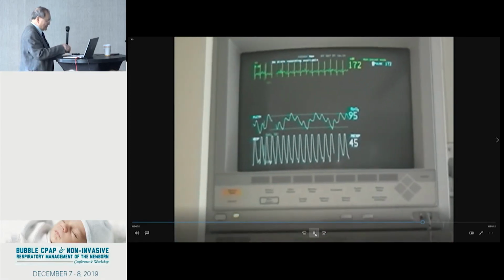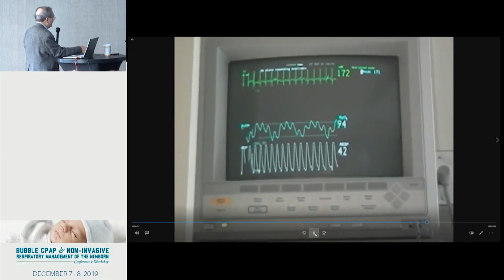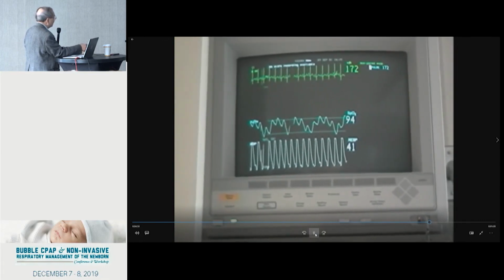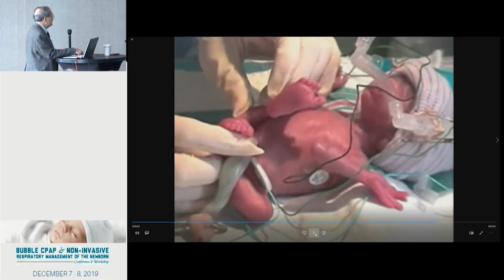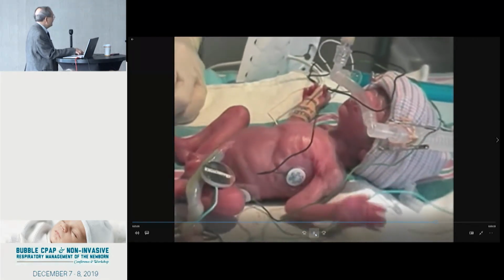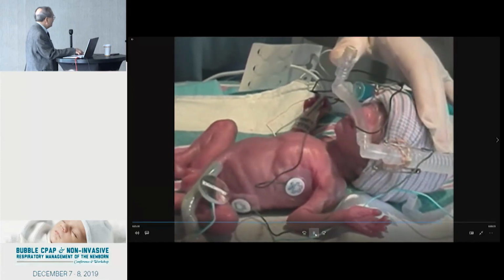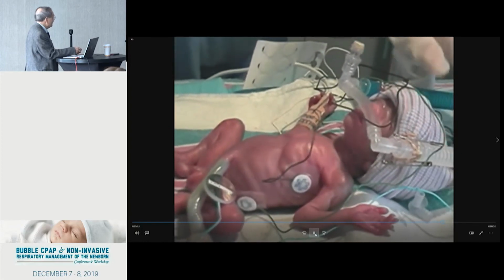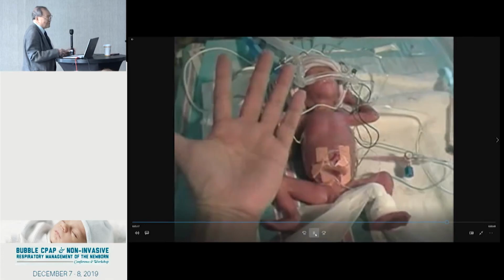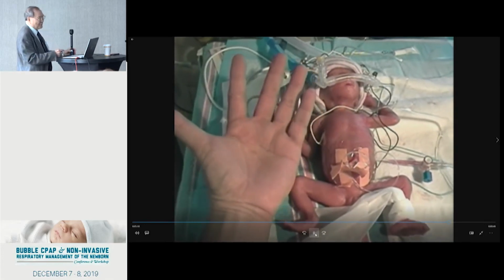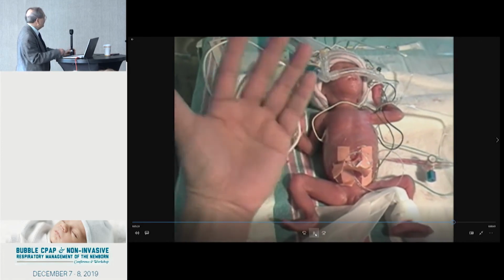Okay, so his O2 sat is 95, so you can decrease FiO2, respiration rate, and just the EKG heart rate. So after you do all this, the next thing, for this size baby, we'll probably put a UAC in. Okay, UAC is in.